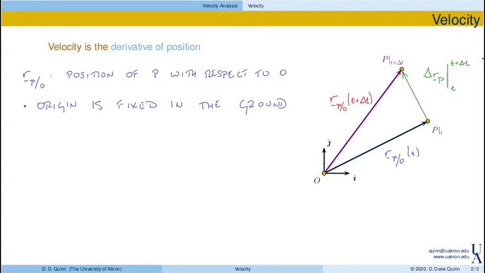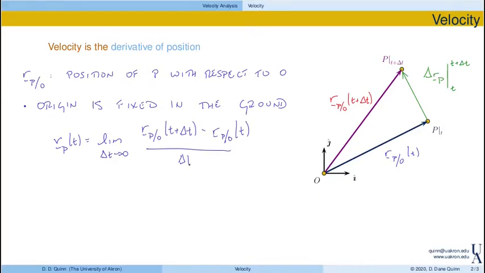And then we're going to define the velocity as the derivative of this vector. Going back to the definition of what a derivative is, it's the limit as delta t goes to 0 of the displacement. That's going to be the position at the final time, t plus delta t, minus the position at the initial time, time t, divided by delta t.